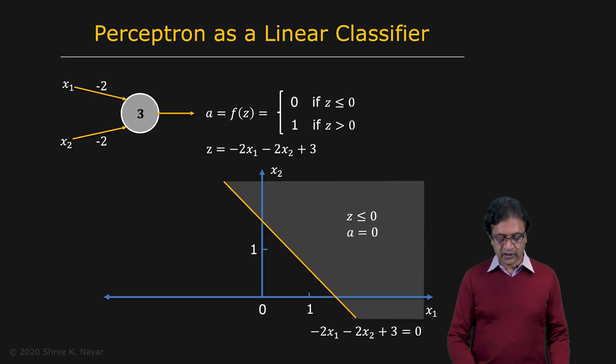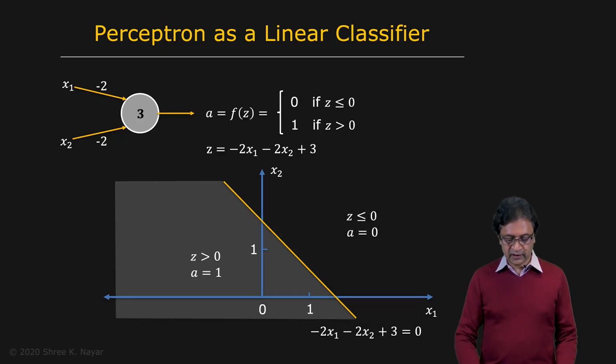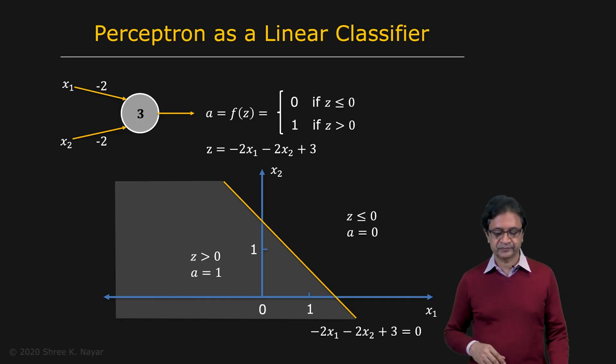If it happens to lie on the left side of the line, the output is equal to 1. It's a linear classifier. By simply changing the weights and the bias, you can change the position and orientation of this line, and therefore you can change the classifier.